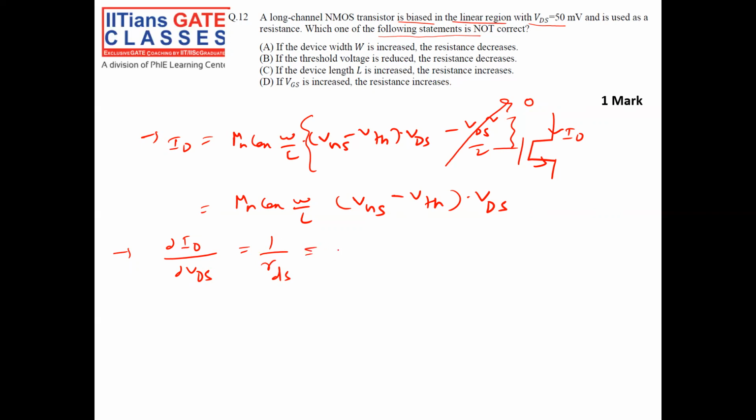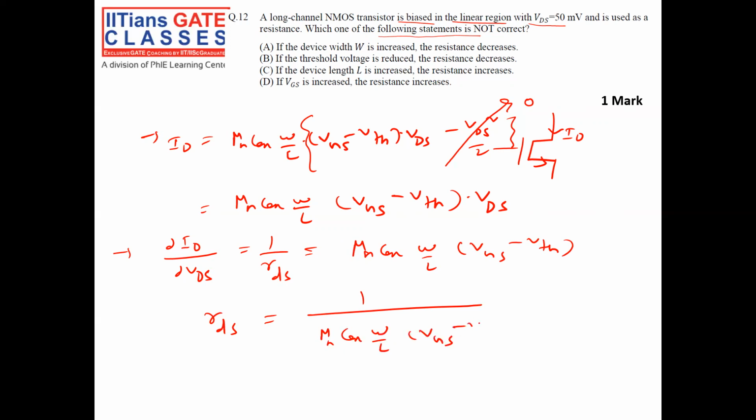So it is equal to mu Cox W by L into (VGS minus VTH), because the derivative of VDS will be 1. So RDS will be equal to 1 by mu Cox W by L into (VGS minus VTH), right?